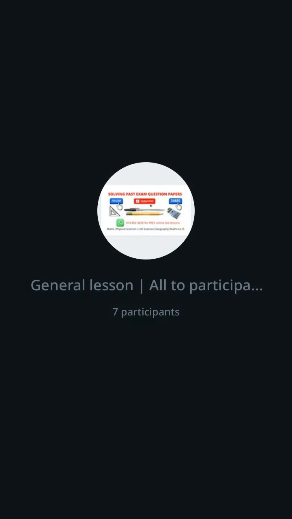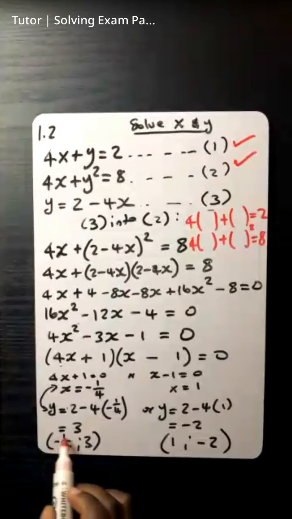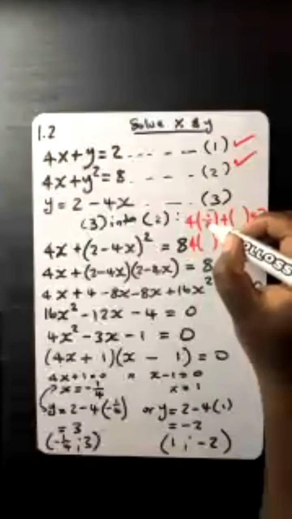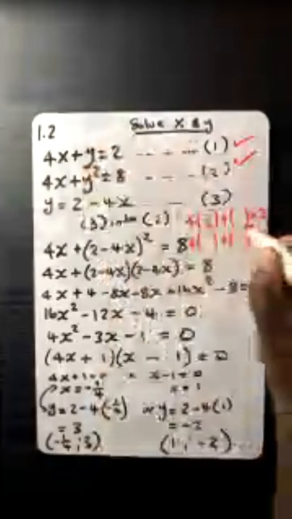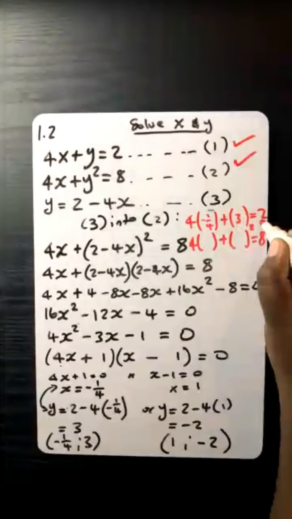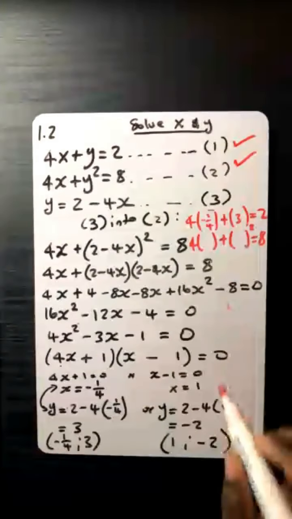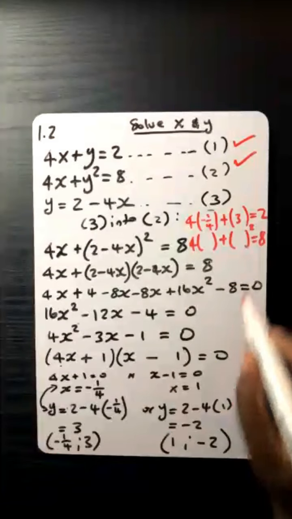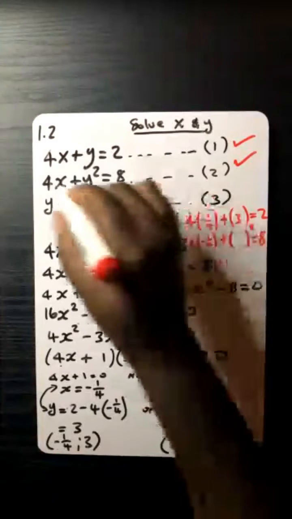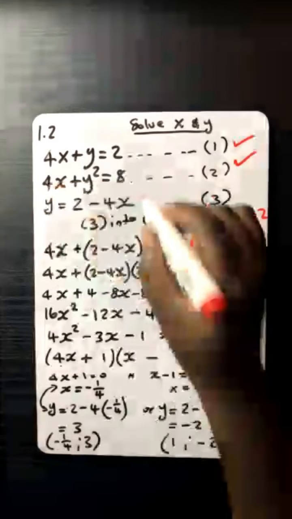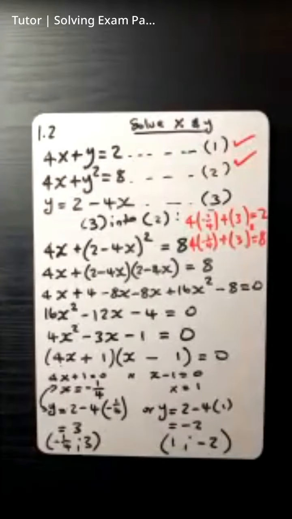So when you substitute negative 1 over 4 there and y, which is 3, you must get 2. If you don't get 2, then it means something is wrong. And again, you use the same values to test the second equation. Then you must get 8. If you don't get 8, then it means something is wrong.